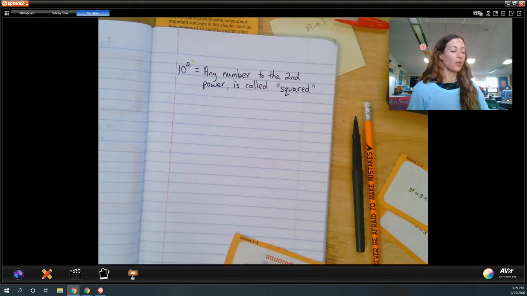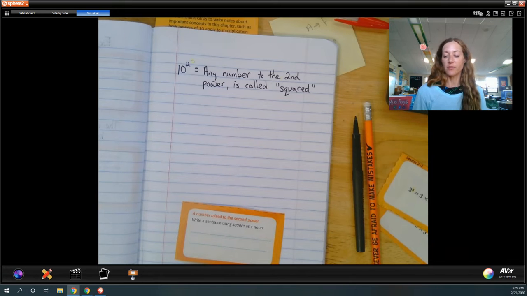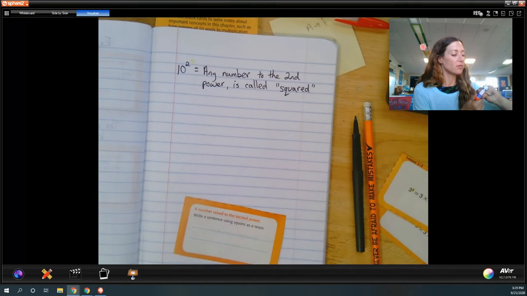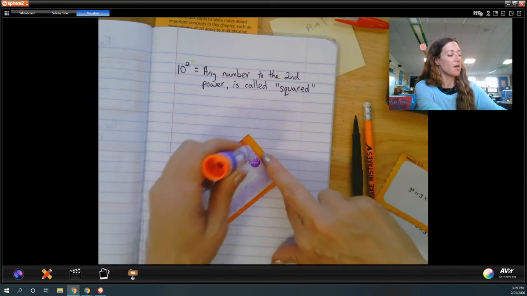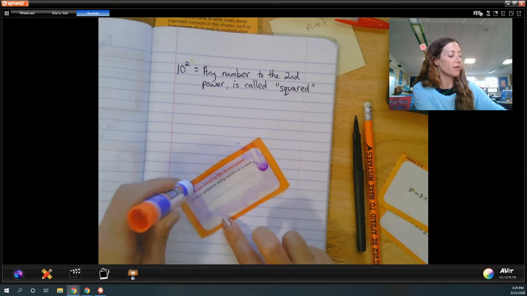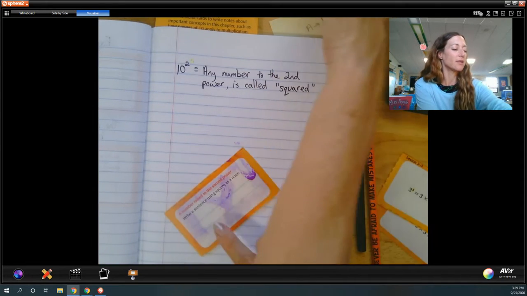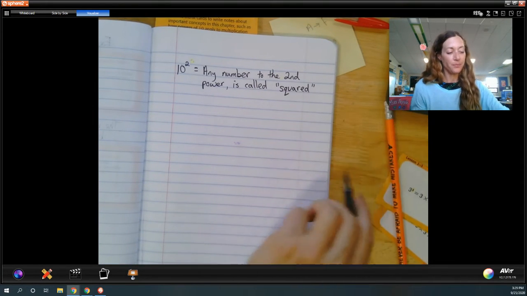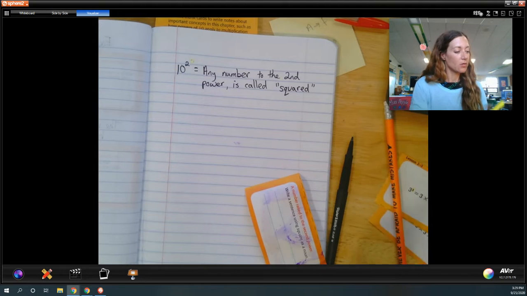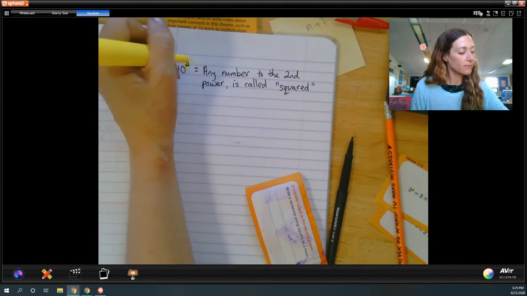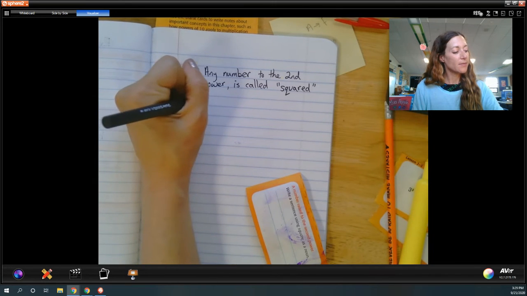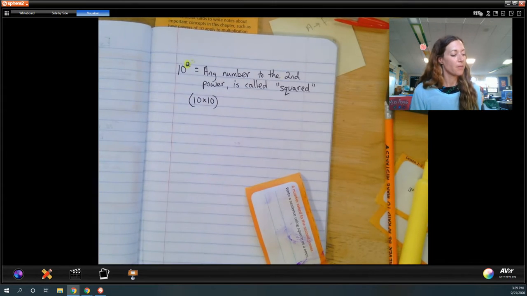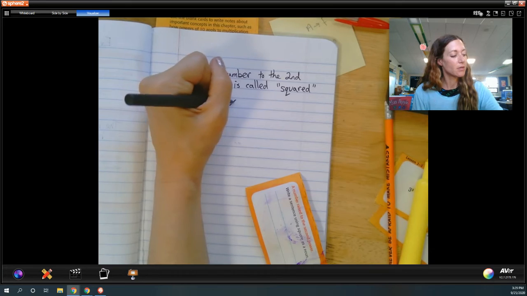A lot of geometry will have you working with squared and cubed. Okay, so I'm going to try to glue in my example of what squared looks like. So 10 squared is 10 times 10, which equals 100.